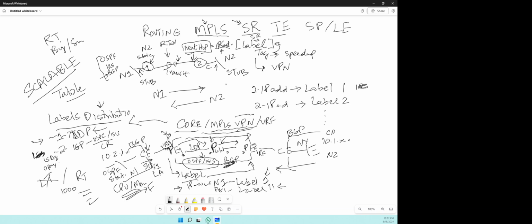Segment routing is essentially running here in the core between PE routers. The PEs put all the labels ahead of time, and each router looks up the next label and forwards. So it's basically source-based routing.